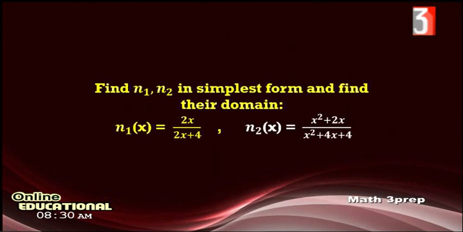Find N1 and N2 in simplest form and find their domain. N1(x) equals 2x over (2x plus 4), and N2(x) equals (x squared plus 2x) over (x squared plus 4x plus 4).